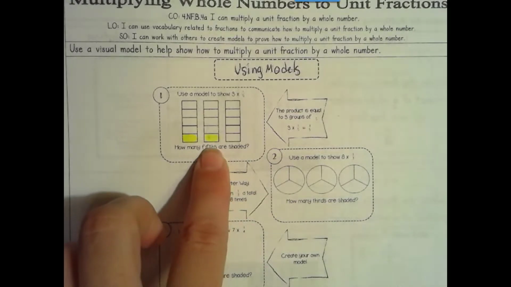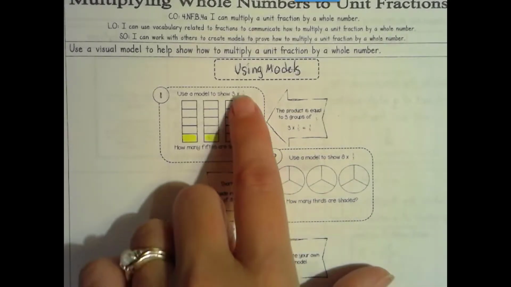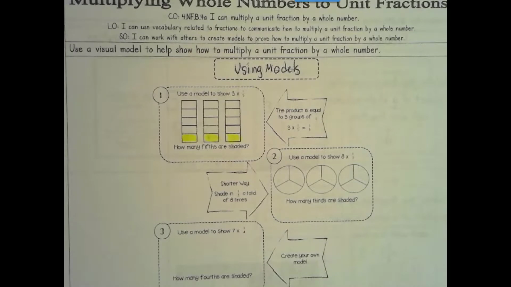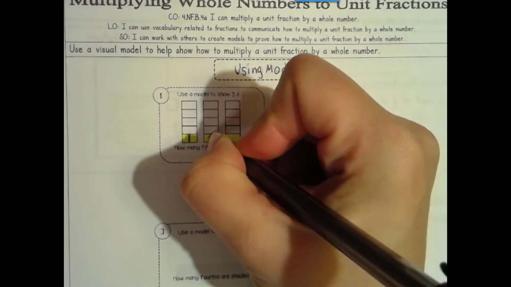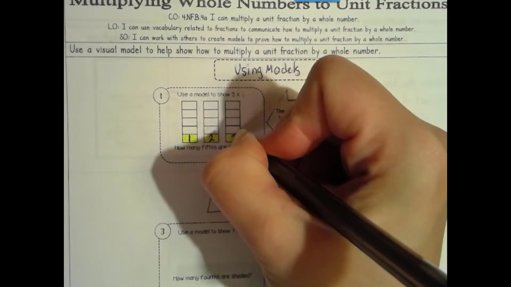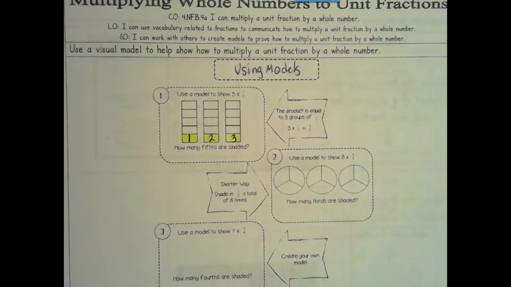Now there's 2 of them, and I need 3 groups, so I only have 2. I need 1 more. So here's my 1 group of 1/5, 2 groups of 1/5, 3 groups of 1/5.